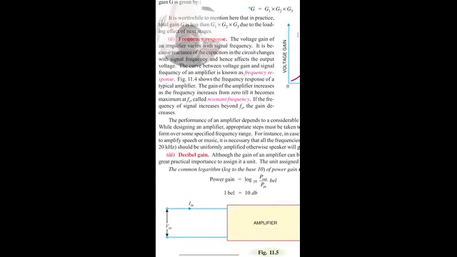The gain should be constant or uniform throughout this range for an audio frequency amplifier. Otherwise, if the gain is not uniform for all the frequencies between 20 Hz to 20 kHz, there will be a distortion in the sound output.